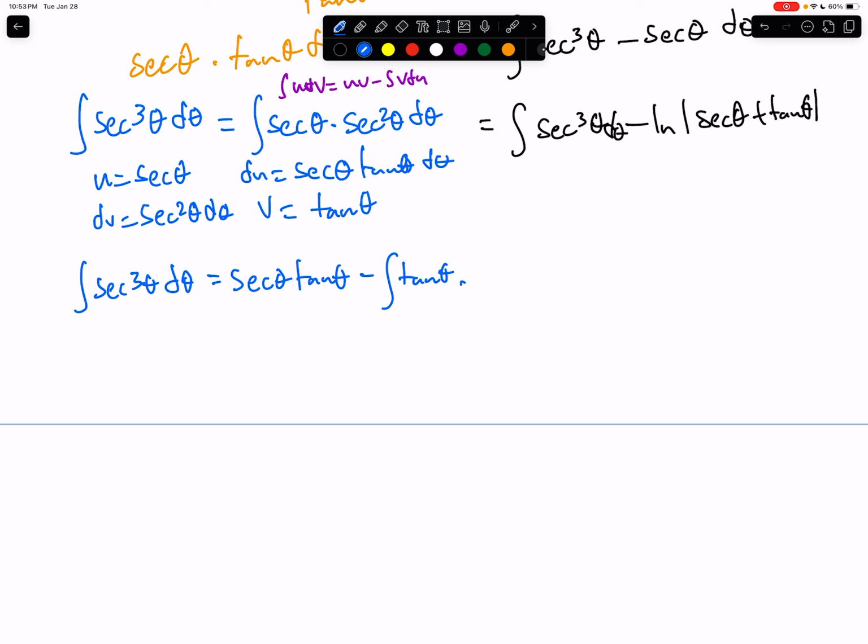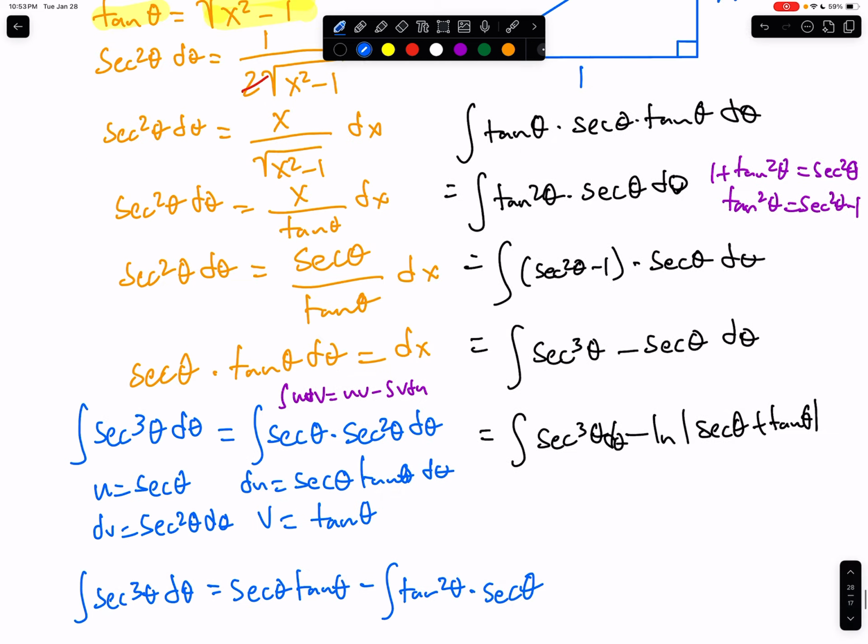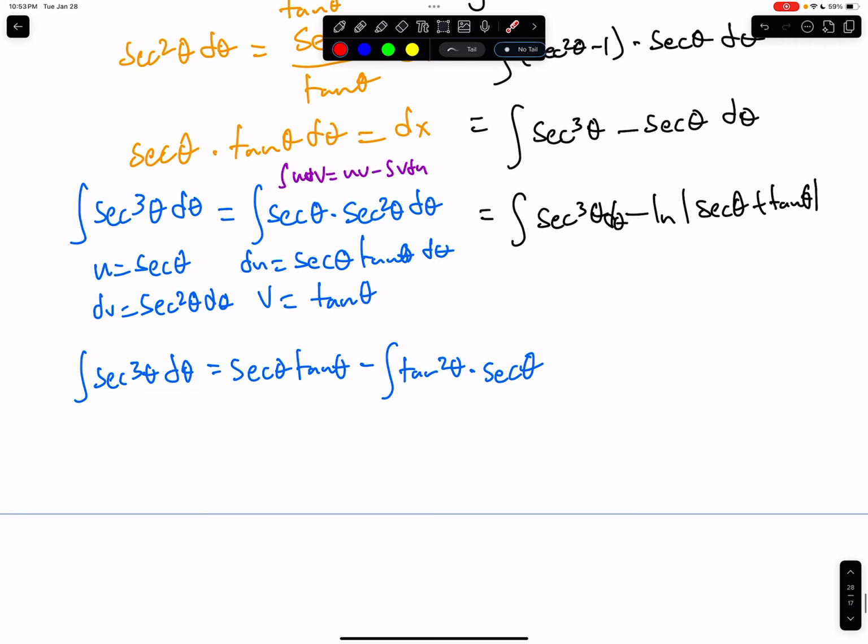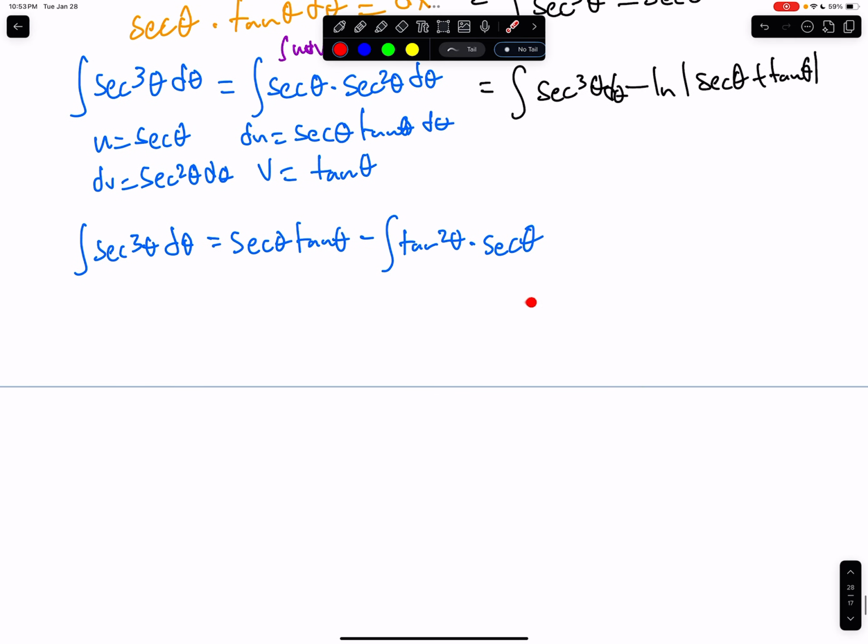I'm just going to write it straight up: tangent of theta times secant of theta tangent of theta, so tangent squared of theta times secant of theta. Isn't that something we were just trying to do right here? This is like a cycling IBP right here. Okay, so we can actually treat this like a variable, but we have to wait here.